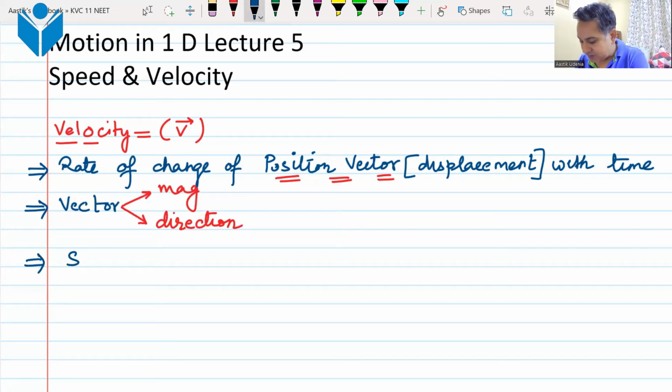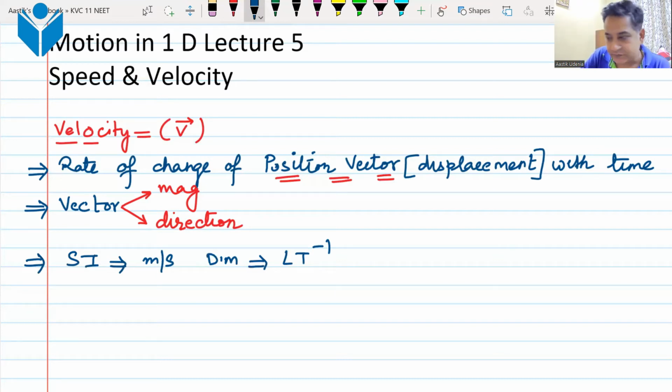The SI unit is meter per second and the dimension is LT minus 1. Do we understand this? This is velocity for you.